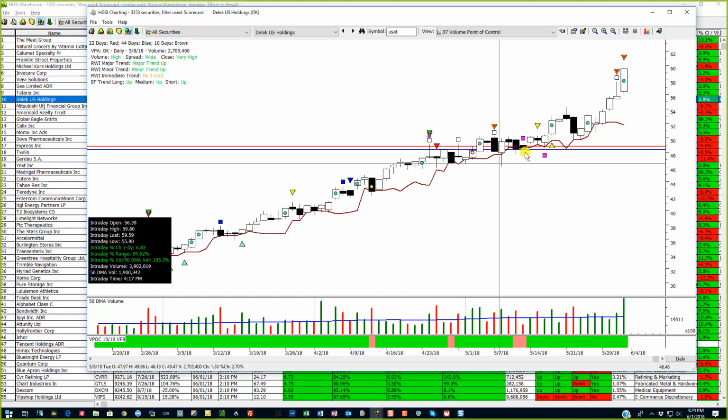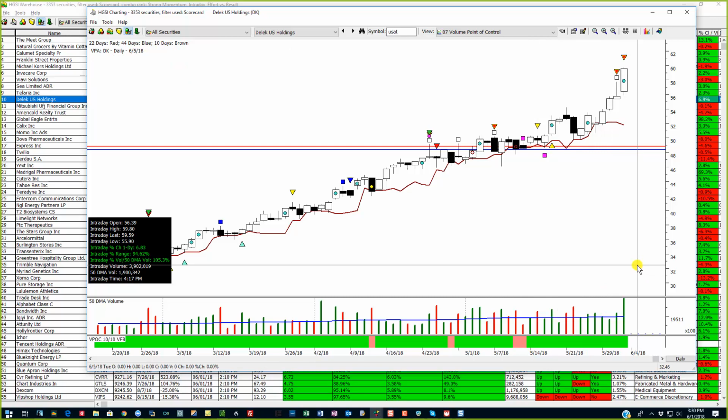That means that not everybody was selling. Buyers are stepping in because this is just a shakeout. And the next day, you can see that it opened a little higher, and then the following day, volume came back into the stock, and the VPOC was triggered again. And it has not looked back since.